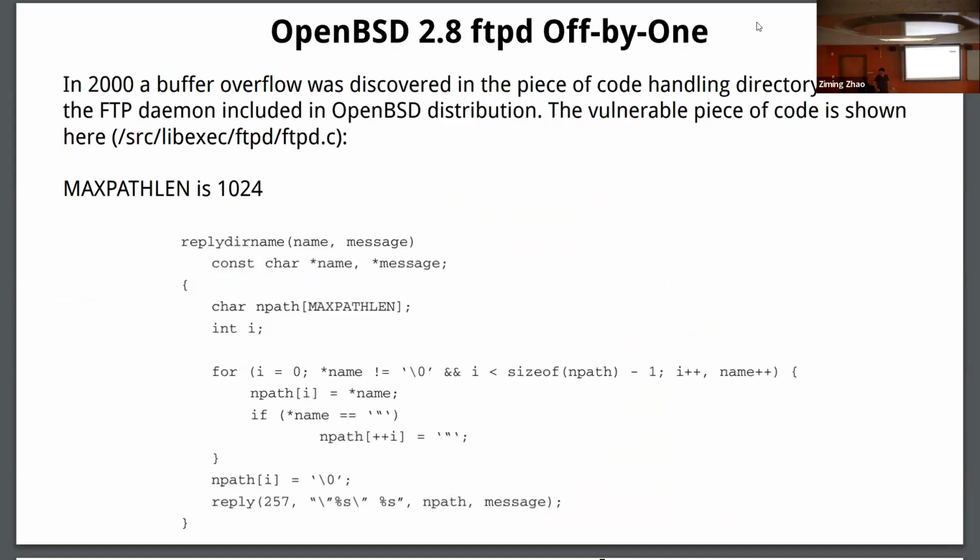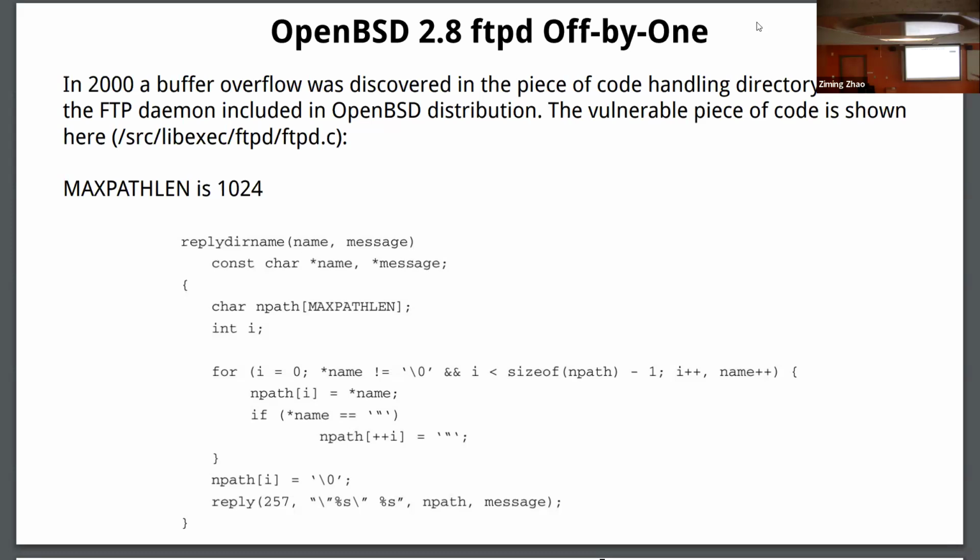Another example: in 2000, a buffer overflow was discovered in this piece of code in the FTP daemon included in the OpenBSD distribution. This vulnerability is not as obvious as the ones we studied in class.